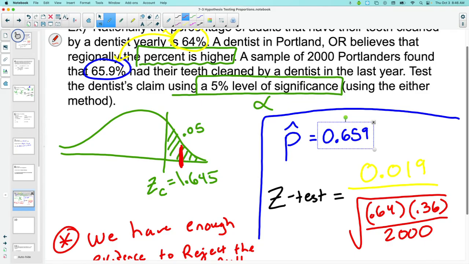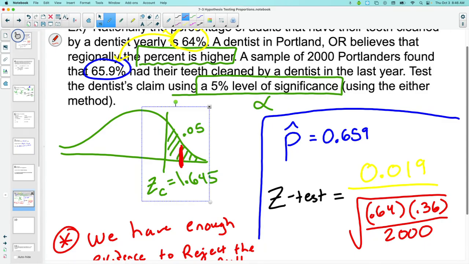And again, alpha being 5%, remember, that's a 5% chance that we have that type 1 error. In other words, maybe this is a false positive, right? Maybe I think that I'm right, I think it's higher, I'm pretty sure it is, that's what my test says, I'm positive that it's higher, but maybe it's not, right?